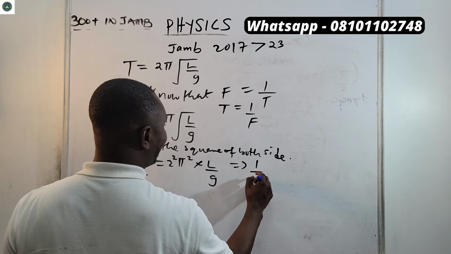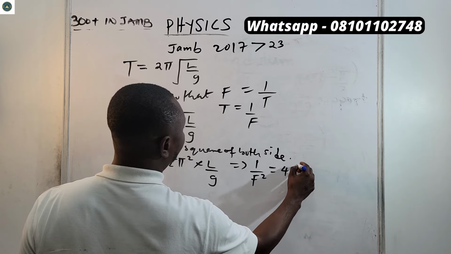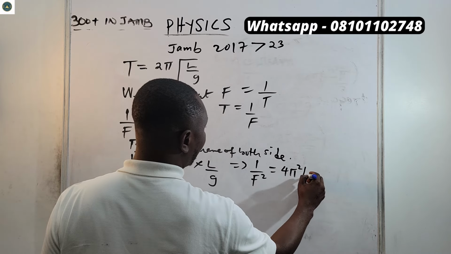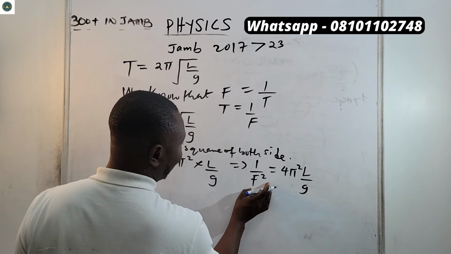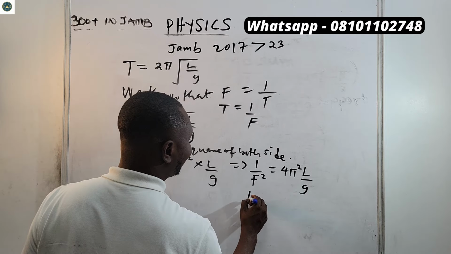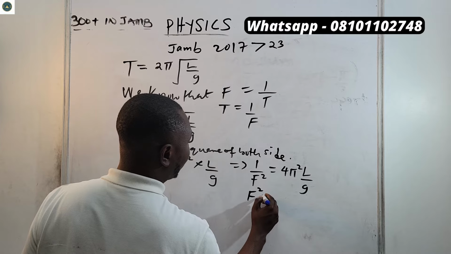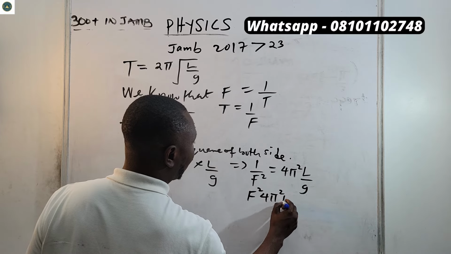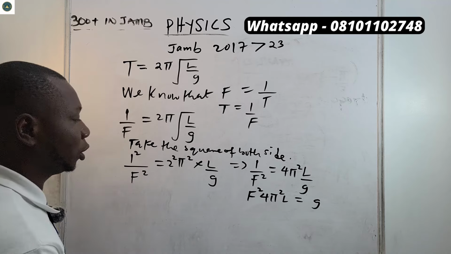So we have 1 over F squared is equal to 4 pi squared L over G. Which implies, if I need to make F squared the subject of the formula, I have F squared times 4 pi squared L equals G, because 1 times G is G.